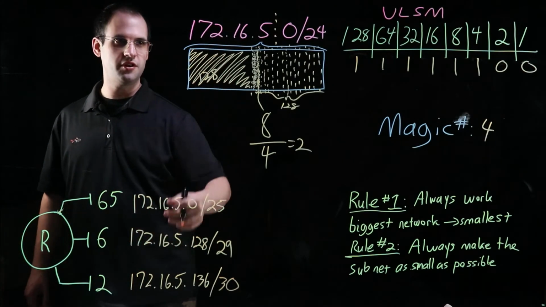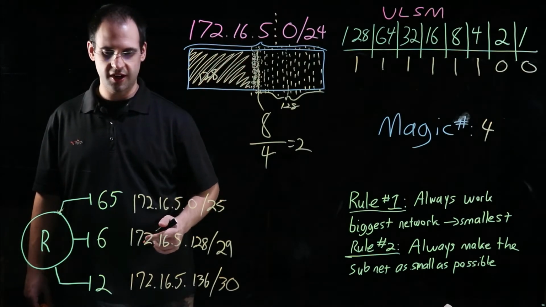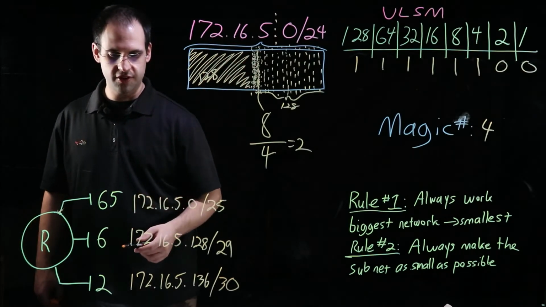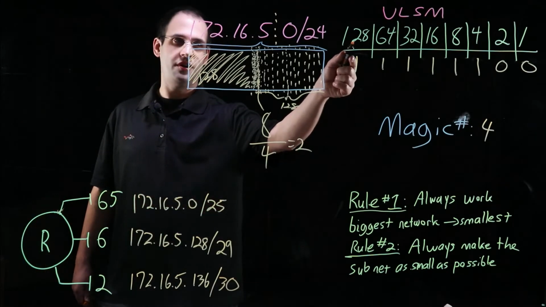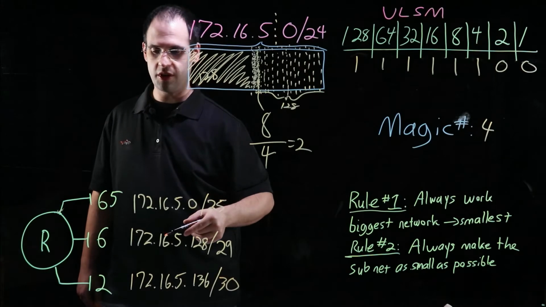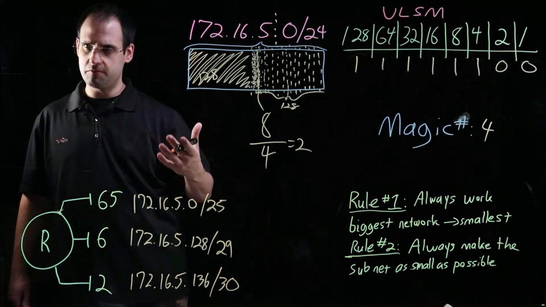We've taken our 172.16.5.0, and we've cut it up into tiny little pieces. One network of 65. Again, it's got quite a bit of overlap here. I've got to put it inside this network here of 128 or 126 total. It's as small as I could go.